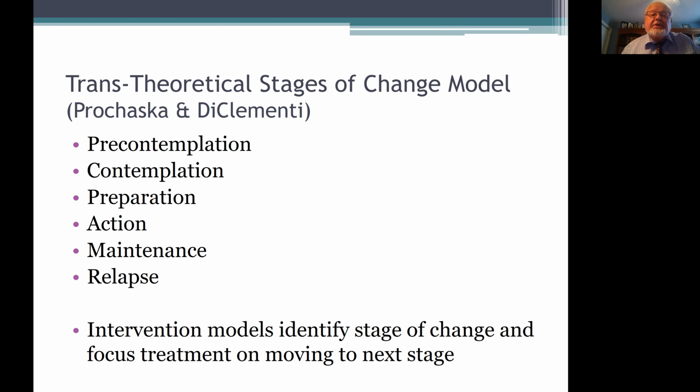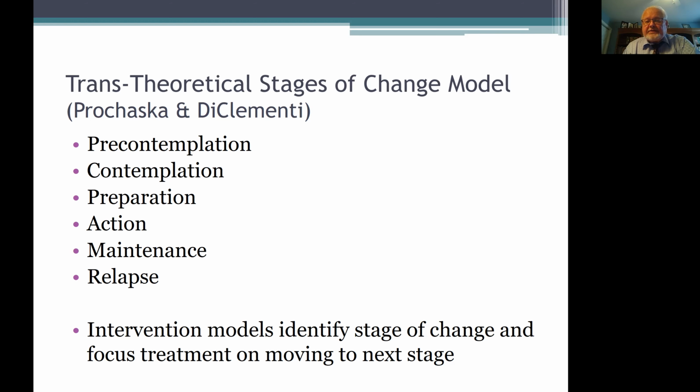It was proposed by Prochaska and DiClemente, and identified a number of stages related to the person's readiness for change, starting with pre-contemplation, where they don't think they have a problem, to contemplation, where they may start thinking about it, to preparation, where they may think, well, maybe it's something I should do something about, to action, where they're ready to make a change, and then maintenance to maintain change, as well as being able to manage relapse.